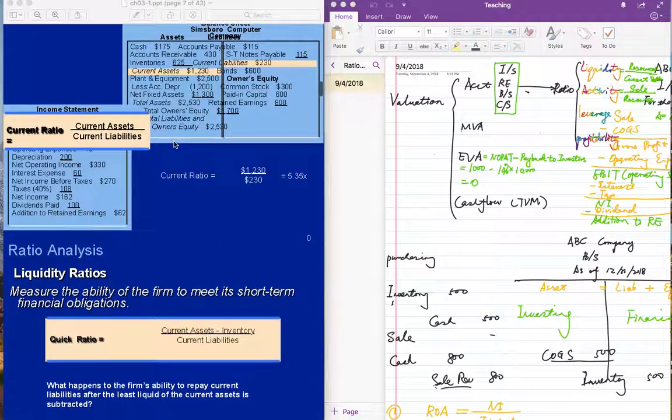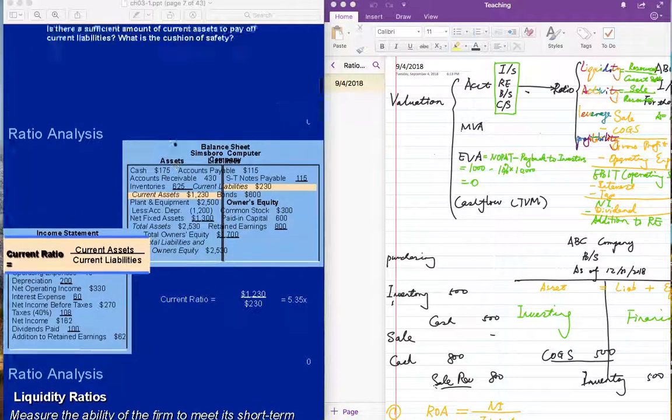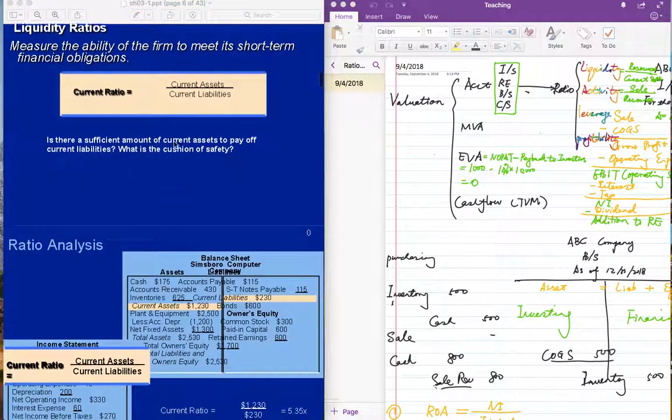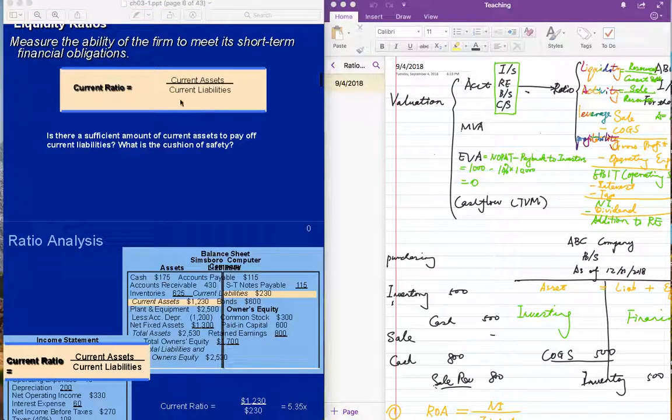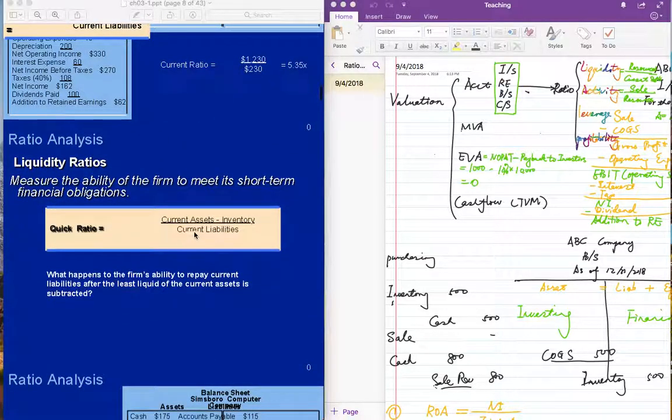You may notice that the only difference between this quick ratio and the current ratio is that on the numerator, the current ratio has the entire current assets, including cash, accounts receivable, including inventory. But now, for the quick ratio, we do not have the entire current assets as our numerator in the formula. Instead, we subtract inventory from current assets.